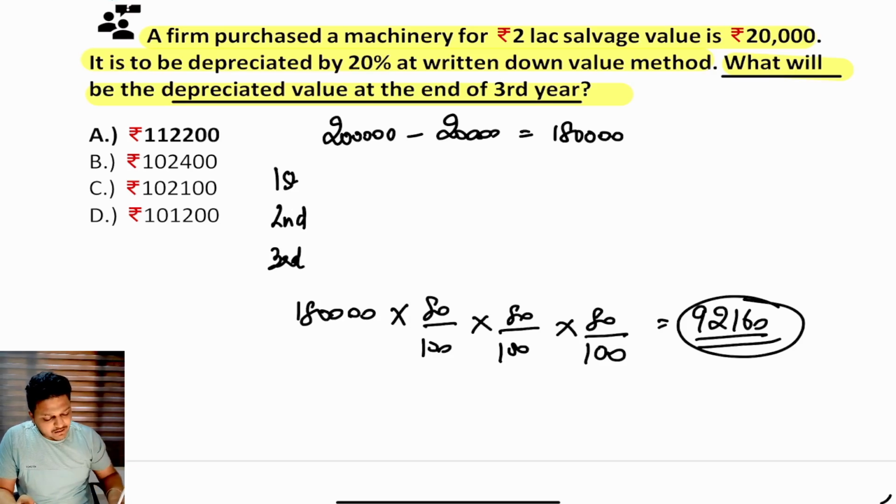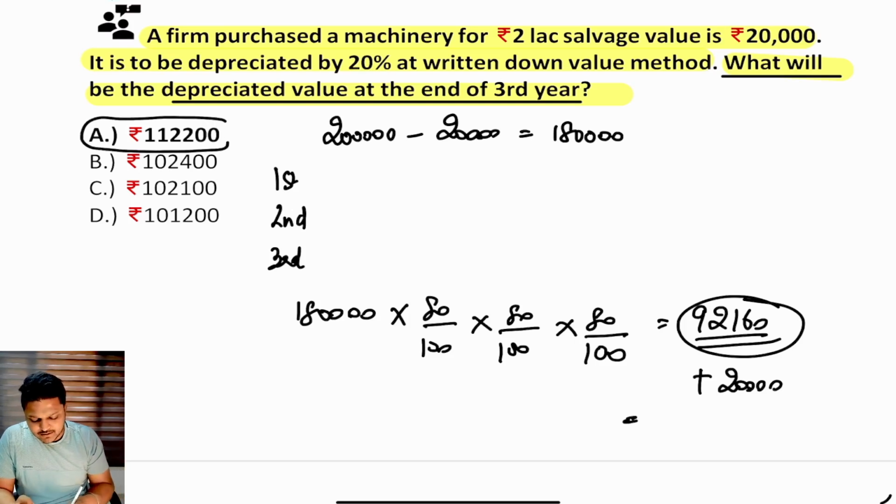We have to add the salvage value of 20,000 back to it. So it will be 92,160 plus 20,000, that is 1,12,160, which is very near to this particular answer, that is 1,12,000. This is a very easy method that we use in the exams.